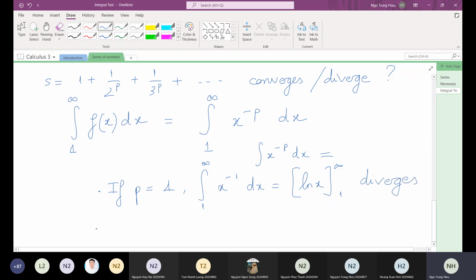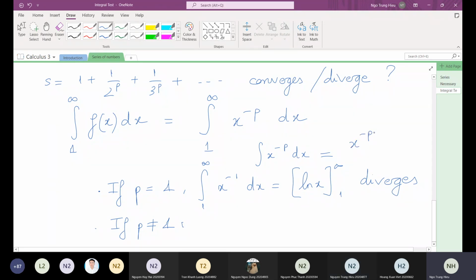And if p is not equal to 1, so what happens when p is not equal to 1? The integral equals x to the power of minus p plus 1 over minus p plus 1. That's very good.